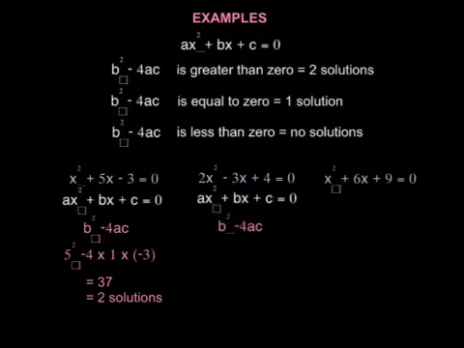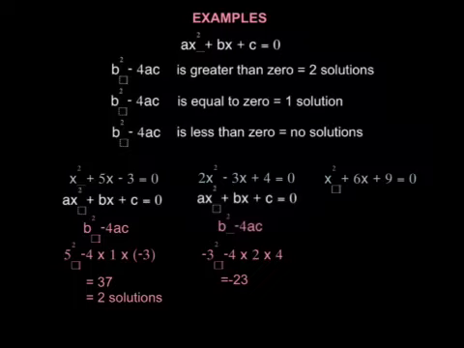Now we substitute that into b squared minus 4ac. So when put into the equation, that gives us minus 3 squared minus 4 multiplied by 2 multiplied by 4. Minus 3 squared gives us positive 9.